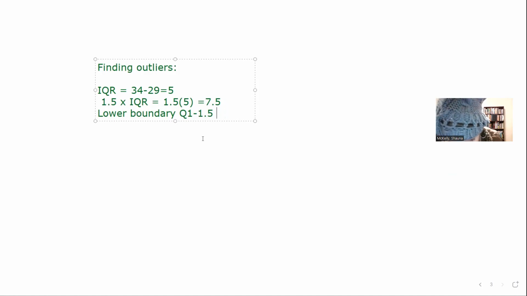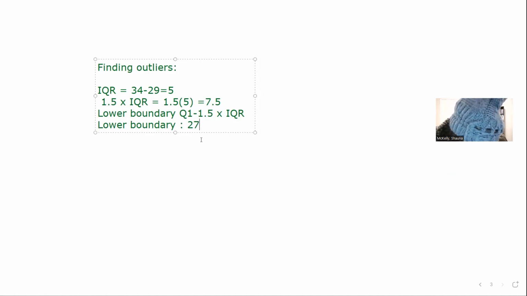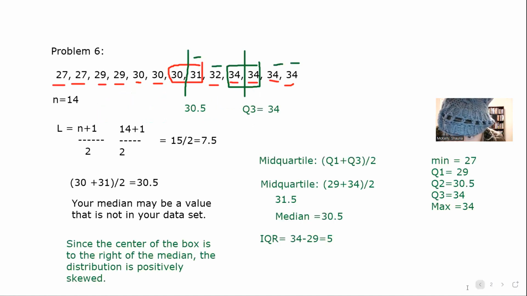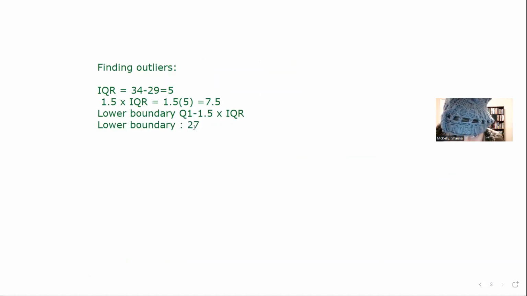So your lower boundary is going to be 27, because Q1 was, if you go back, you can see Q1 was 29. My apologies. So this is 29. Let me fix this.